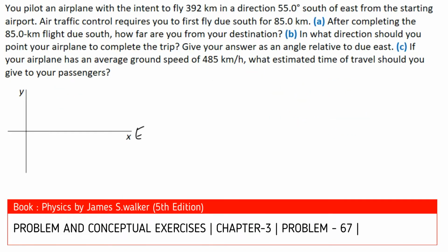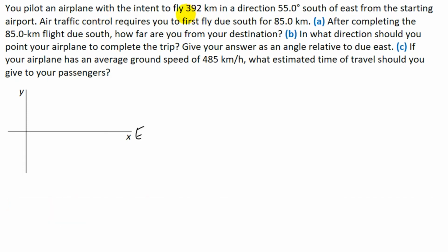Now in this question we are given that you pilot an aeroplane with an intent to fly 392 kilometers in a direction 55 degrees south of east from the starting airport. Now suppose that this is our origin and this is your starting point. So you intend to fly 392 kilometers in a direction 55 degrees south of east. So you want to fly like this, and this angle we are given to be 55 degrees.